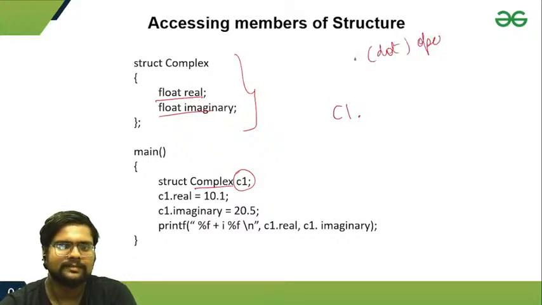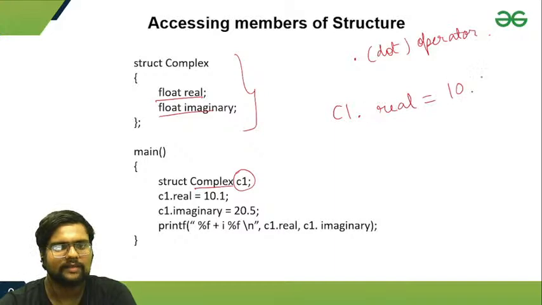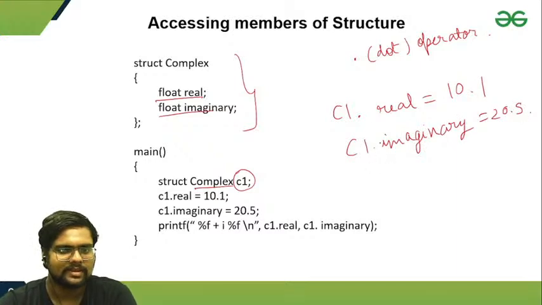So c1 dot real, in this 10.1 will be there. Then c1 dot imaginary, in this 20.5 will be there. In this way we can also initialize the values of the structure.